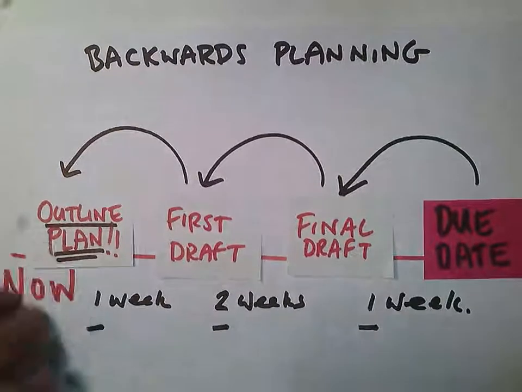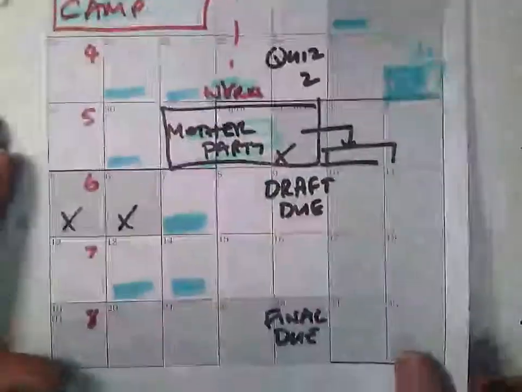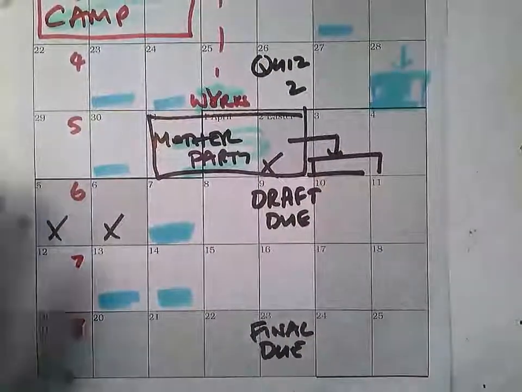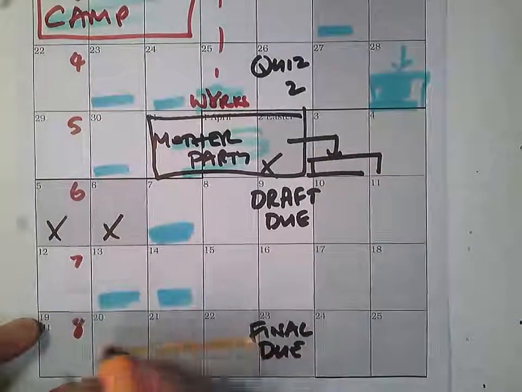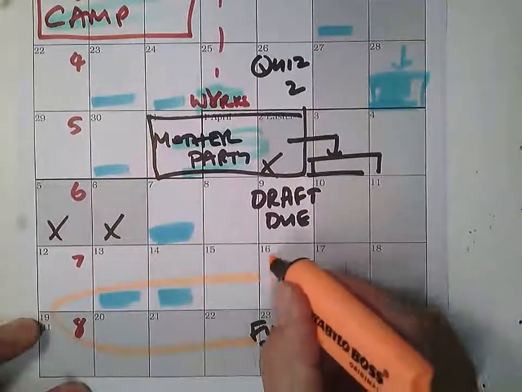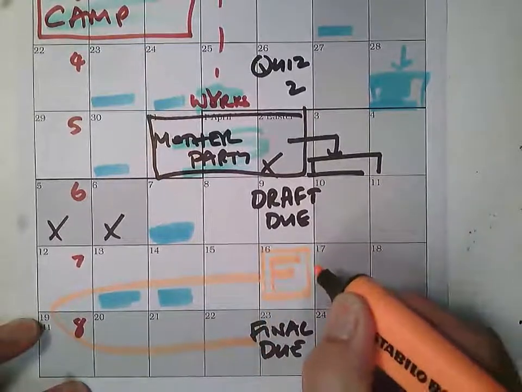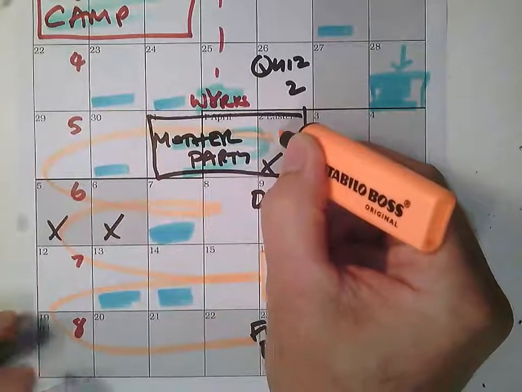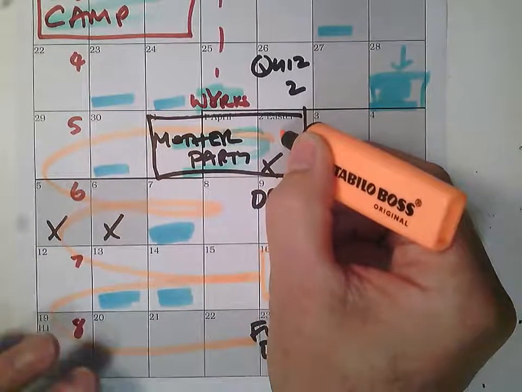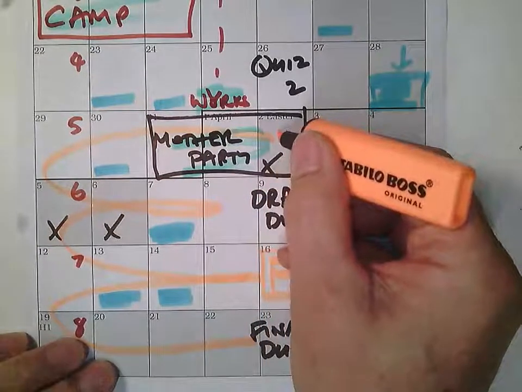So what this means on our plan, when the due date is here, is that you're going to work back 1 week to here, and you want your final draft. And you're going to work 2 weeks back to here, and you want your first draft. And you say, oops, it's right in the middle of a time when my mother is here.